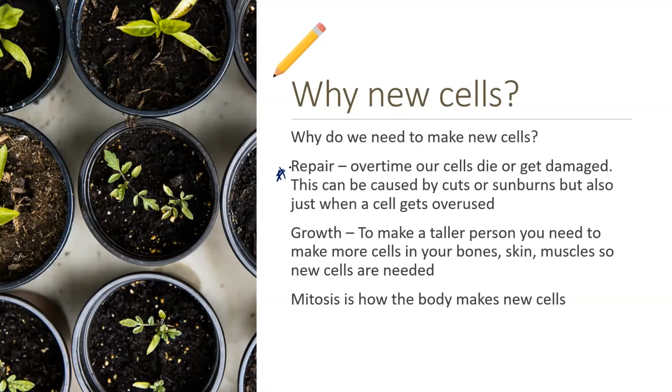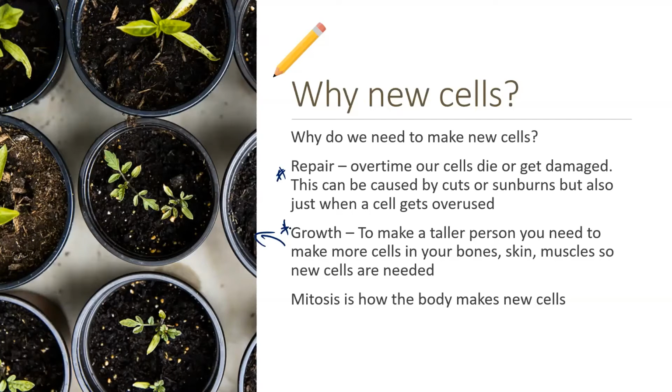The other reason why we need new cells is for growth. If we want to make someone taller, you need to make more cells in your bones, your skin, your muscles, so new cells are needed. Same thing if you're trying to grow a plant. It's going to have to make new cells, like new leaf cells, new stem cells, new cells in the branch, and so on and so forth.